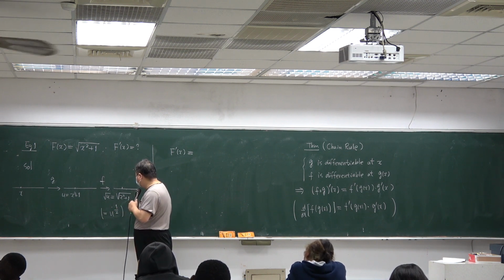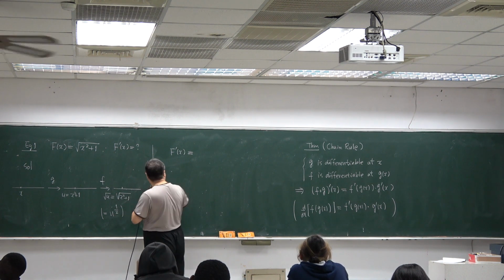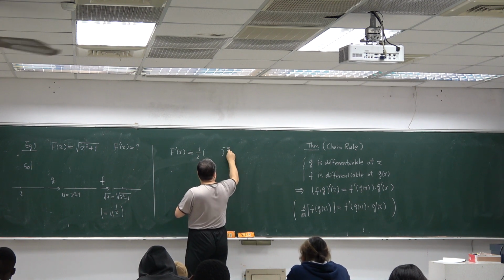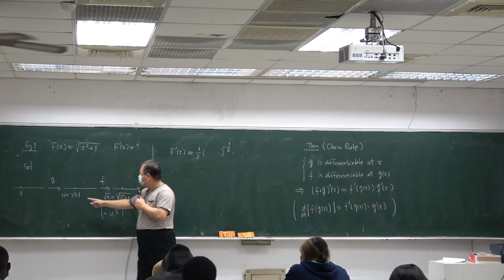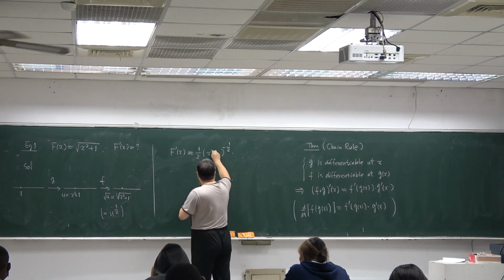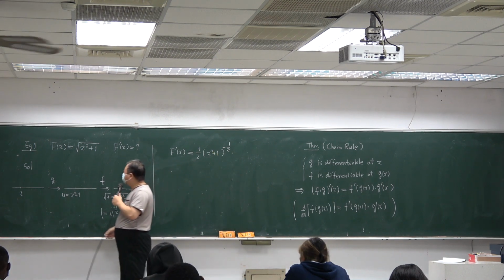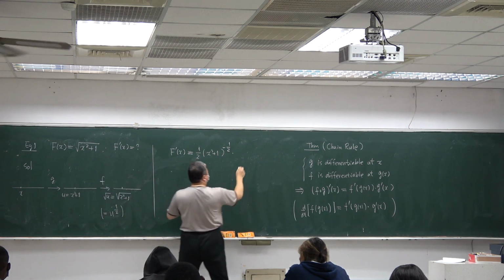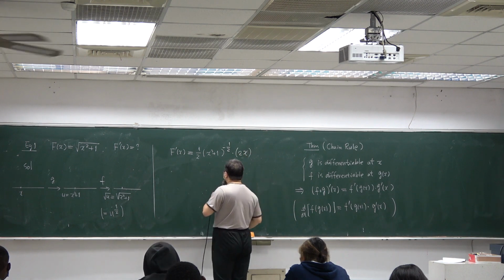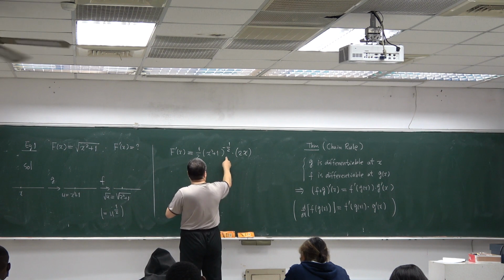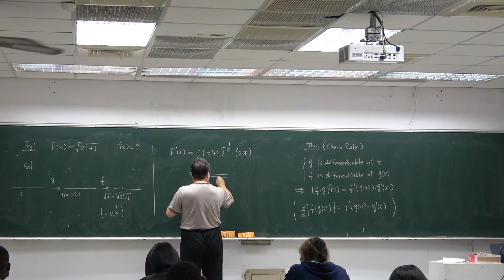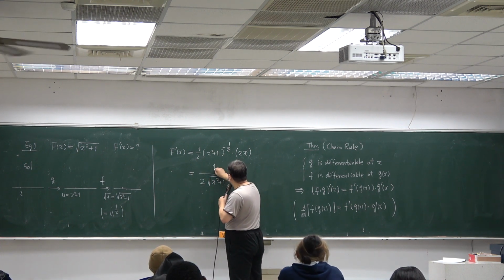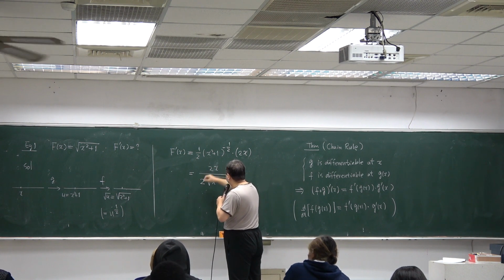So we differentiate this first, at this number, times the derivative of this one, 2x. Simplify, this is the square root of x squared plus 1 as the denominator. And 2x here. Oh, 2 and 2 can be cancelled.